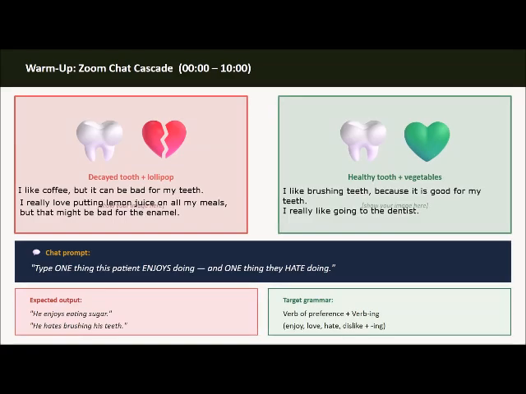All right, Kathy, ready to give us an example? I think carrots, because they keep my teeth healthy. Oh, good. All right, let's break that down. I enjoy.